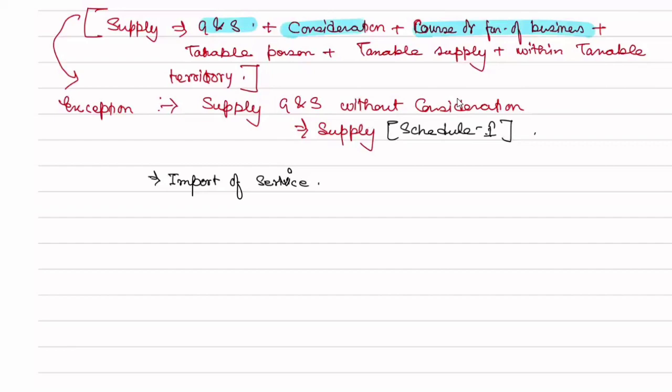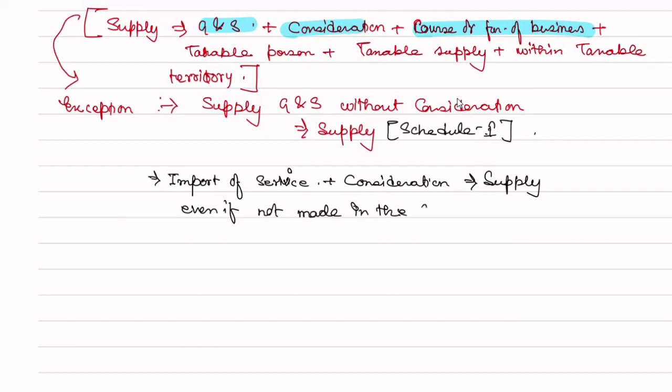But here they are saying that if there is the import of service plus there is a consideration, then it will be a supply even if not made in the course or furtherance of business.